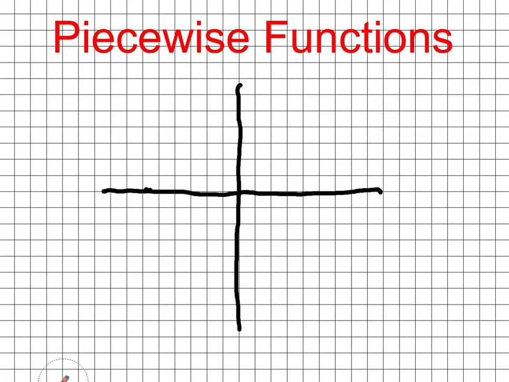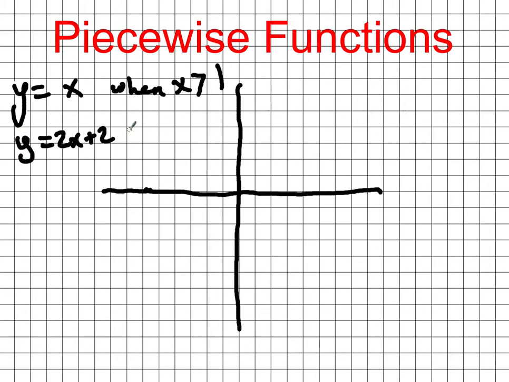Okay, piecewise function, I'll write it over here. Y is equal to x when x is greater than 1. And then I'm going to graph y equals 2x plus 2 when x is less than or equal to 1. Okay? So this is my piecewise function right here.